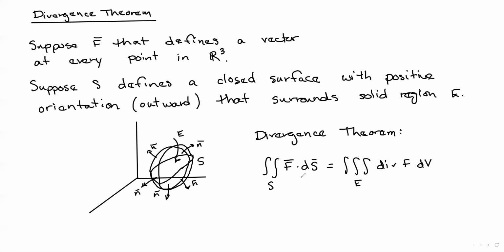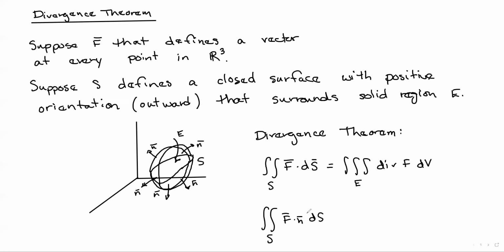what F dot dS calculates is the degree to which F, the vector field vector, points in the same direction as dS, which you can rewrite as F dot n dS.